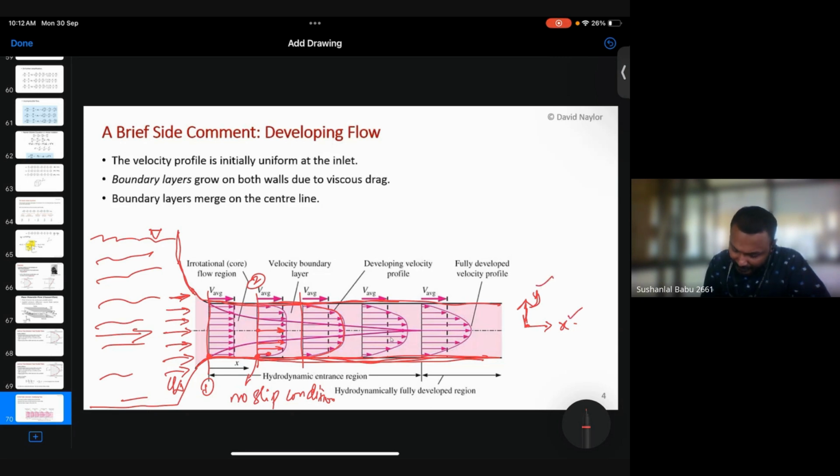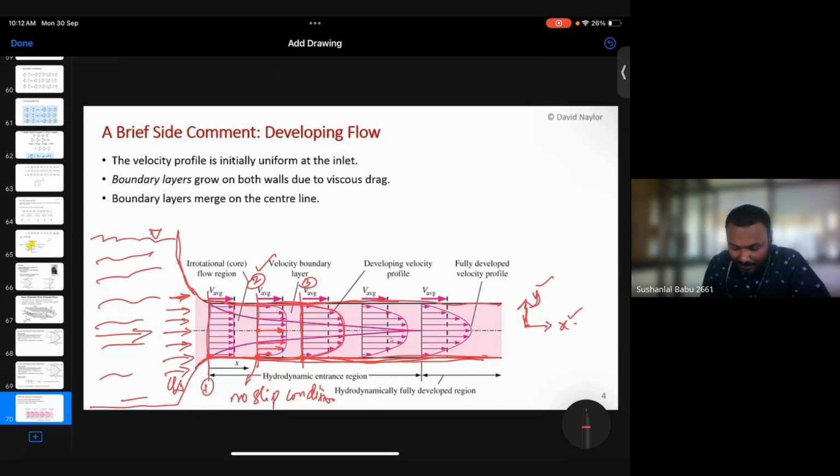Why am I saying x? Because at the second cross section there is one profile, and at the third cross section, another profile. So that profile is changing, which means u is varying with respect to x. And how do we say it varies with respect to y? If we go from the bottom to the top, it is varying, so the velocities have different values.